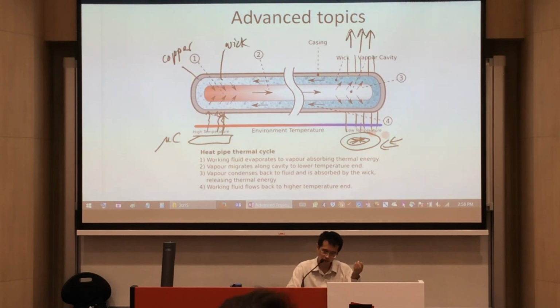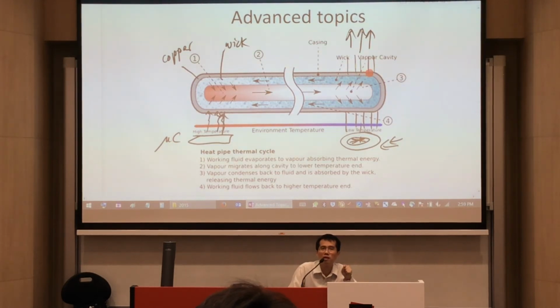If I would have forced convection happening across, once this heated up alcoholic vapor comes over here, you will experience a drop, or this removal of heat, because there's cooling fins over there.